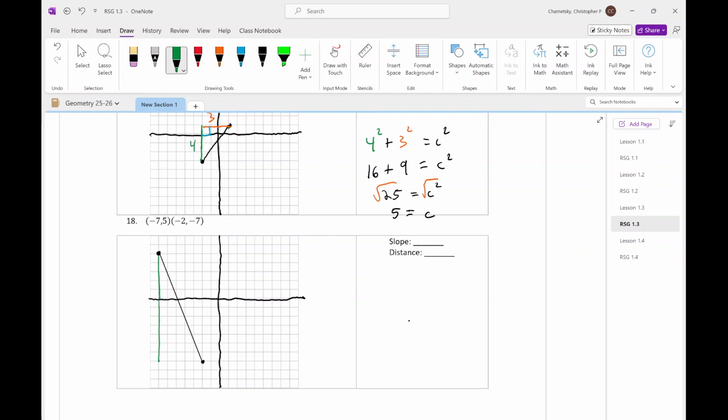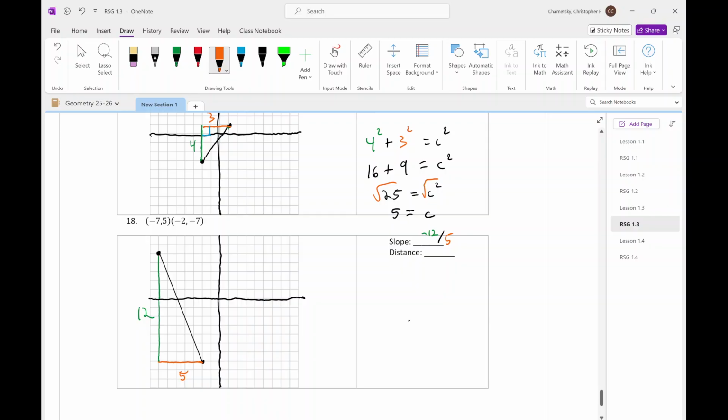And then down another 7, so that's going to be a length of 12. And then we're going over 1, 2, 3, 4, 5. So our slope is negative 12 over 5.